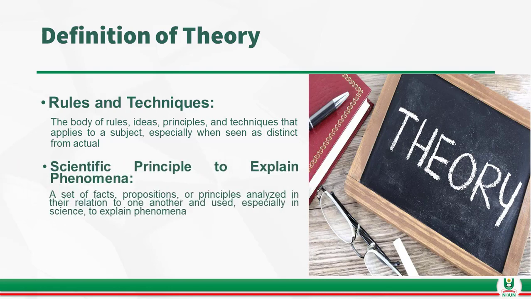People also see theory as a scientific principle to explain phenomena. There are so many concepts and terms that are not comprehended by human understanding. But with theories and the processes or procedures involved, theory is a set of facts, propositions or principles analyzed in their relation to one another and used, especially in science, to explain phenomena.